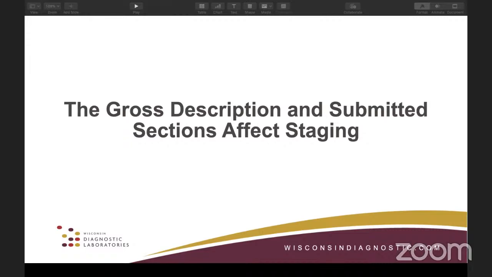It affects the microscopic diagnosis. A lot of the information in the gross description and in the sections that we submit is what determines the stage, and I'll show some examples of that as well. So it's important that you take grossing seriously, that you do it properly.